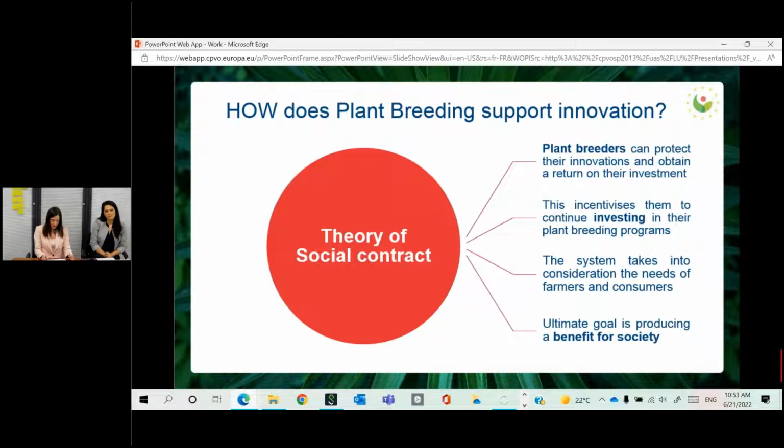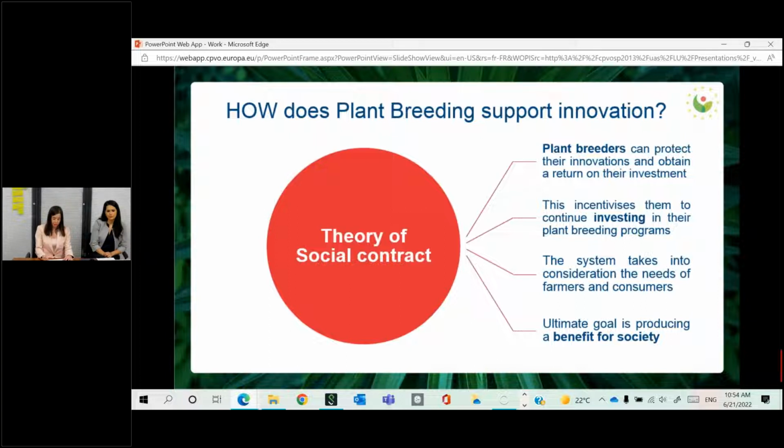Basically this theory consists in that with intellectual property rights, we are rewarding innovators with an exclusive monopoly so that they can enjoy the benefits of the invention, and they are incentivized as well to keep on innovating. But this monopoly is not unlimited. It is actually limited in time, and after a given period, the invention falls into the public domain so that society can take advantage to the fullest of this invention.